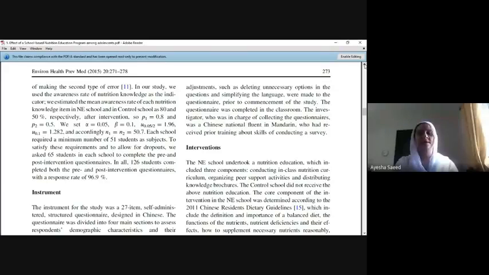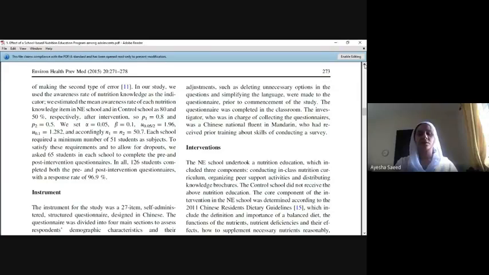Now let's have a look at what interventions they executed for the imparting of nutrition education. The Nutrition Education School undertook a nutrition education which included three components: conducting in-class nutrition curriculum, organizing peer support activities, and distributing knowledge brochures.